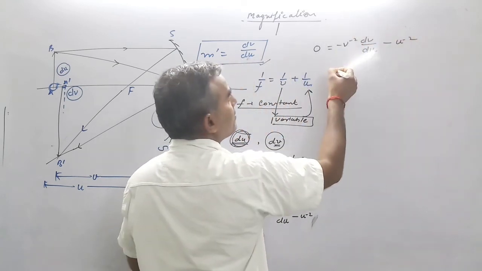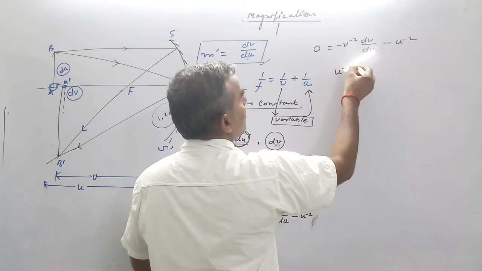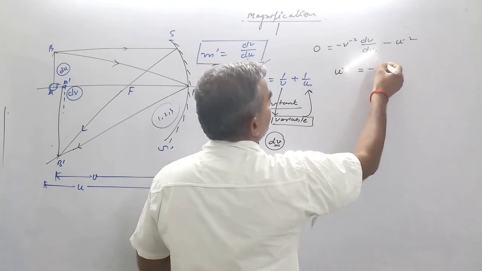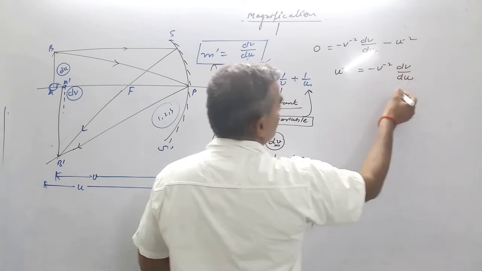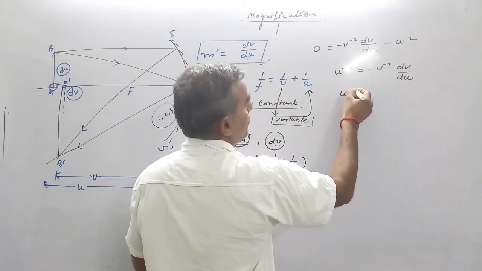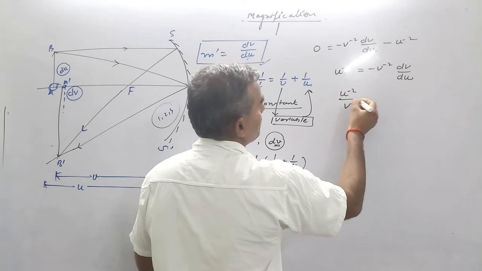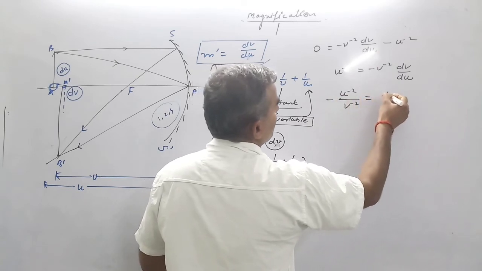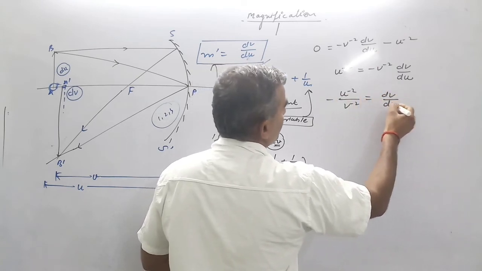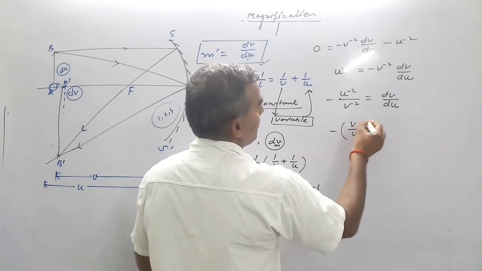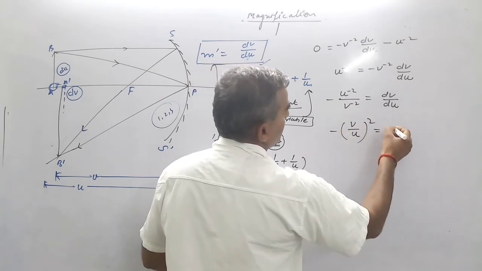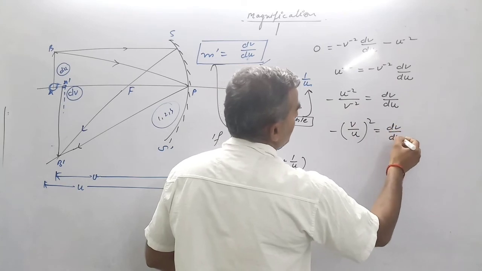Now make the solution: minus 1 upon u square minus 1 upon v square dv by du equals 0. So u to the power minus 2 upon v to the power minus 2 is equal to dv by du. Then it becomes v by u of the whole square is equal to dv by du.